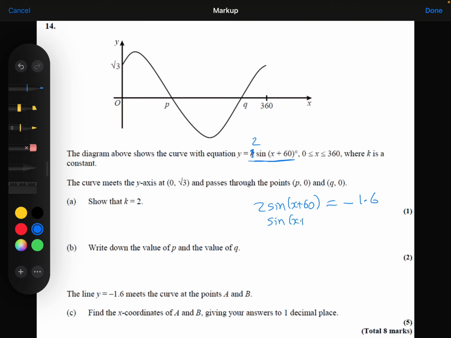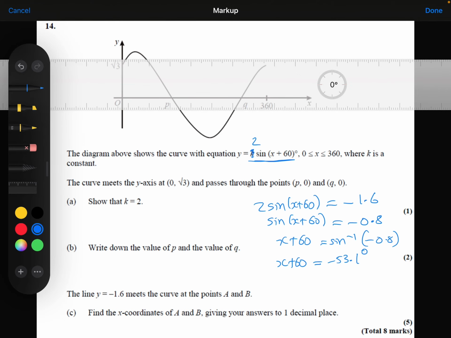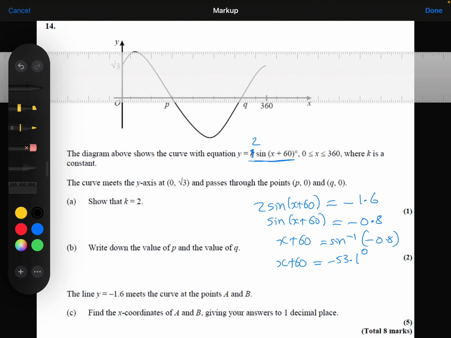Divide both sides by 2. Do sine inverse. Sine inverse of minus 0.8 is going to be minus 53.1. Draw a little sine graph at the top here.